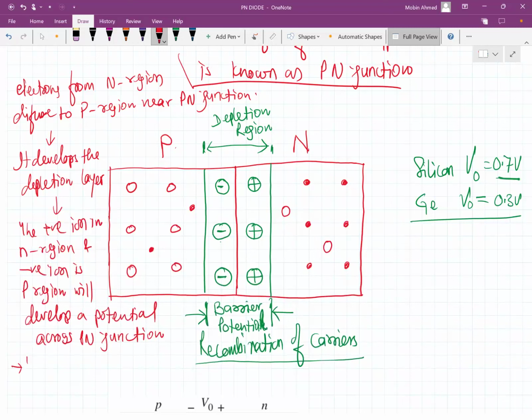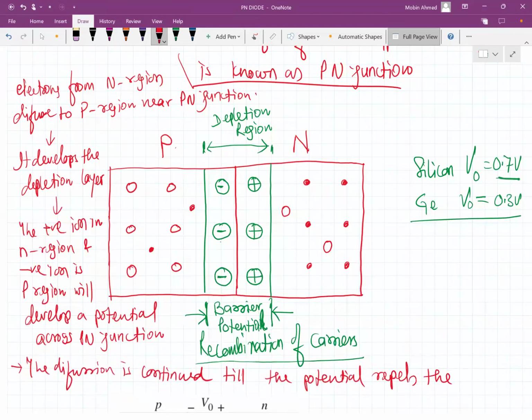The diffusion continues till the potential repels the electrons of N region.